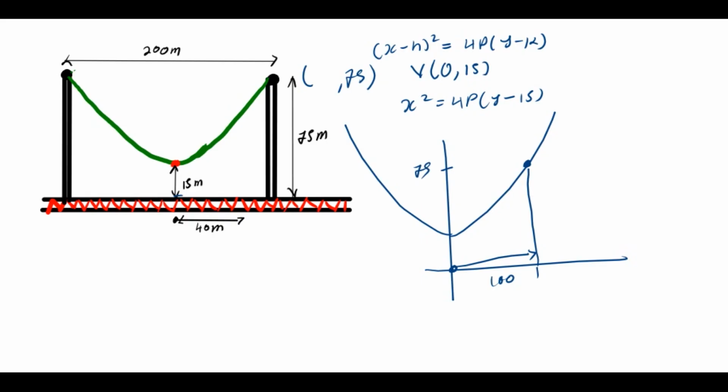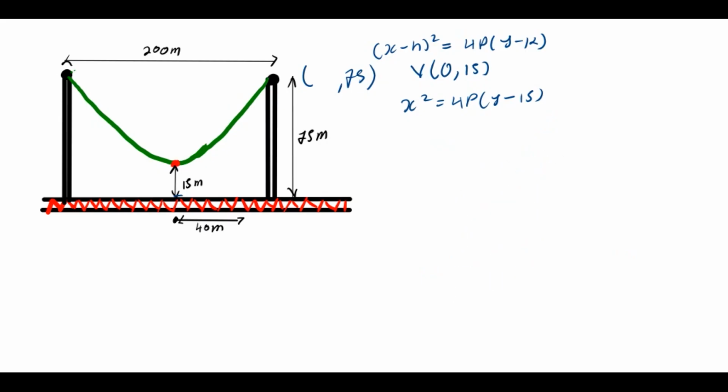So we're just picking a point, which so happens to be the furthest we are going, 75 from this point all the way to that one there. So we pick a point that we know. That point has 75 in the y and 100 in the x.